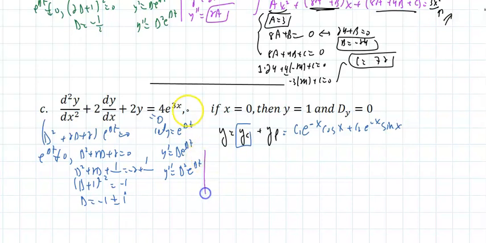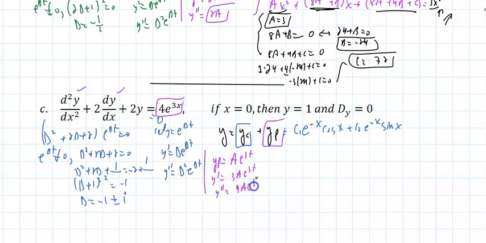Now we get to the particular solution. The particular solution is going to equal a multiple of that, a e to the 3t. I need two derivatives. First derivative is 3a e to the 3t. Second derivative is 9a e to the 3t.